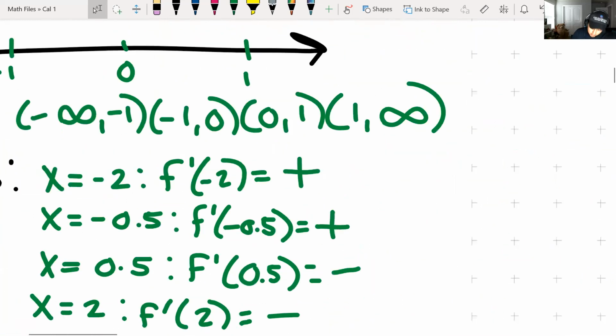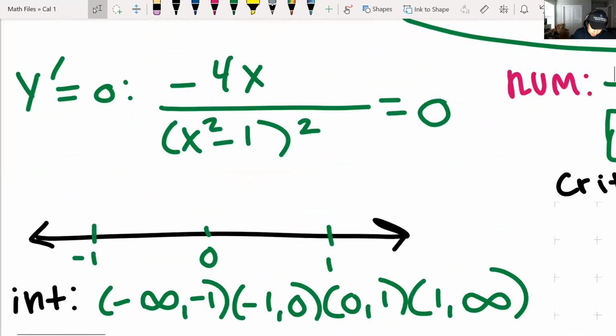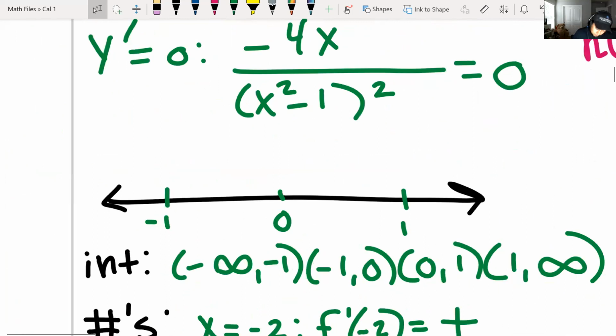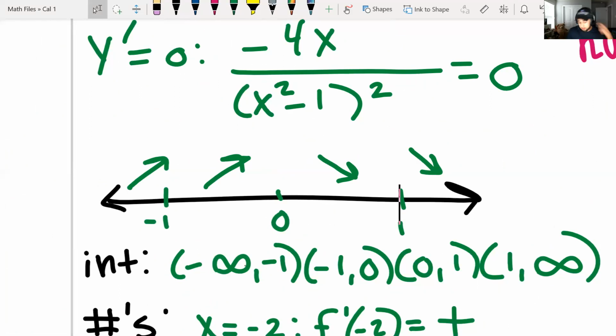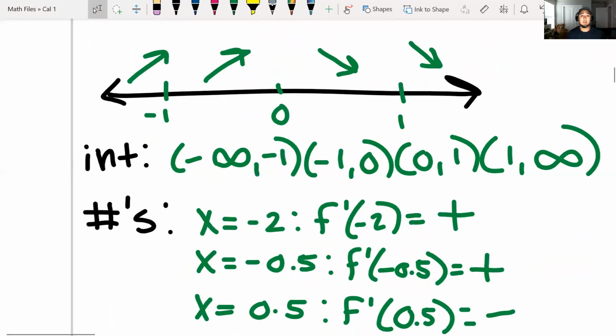Okay, so plus, plus, minus, minus, this means increase, increase, decrease, decrease.